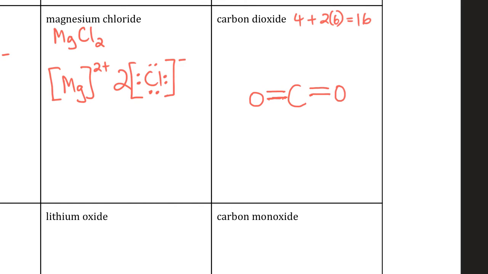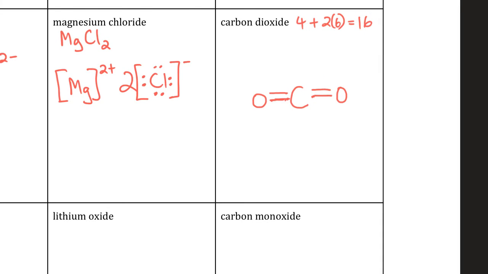Let's check out oxygen now. Oxygen has 6 valence electrons, so it's already got 2 in bonds. So that leaves 4. So 1, 2, 3, 4, 5, 6, 7, 8. Perfect. So it's got 4 in the bond with carbon and then 4 left over.